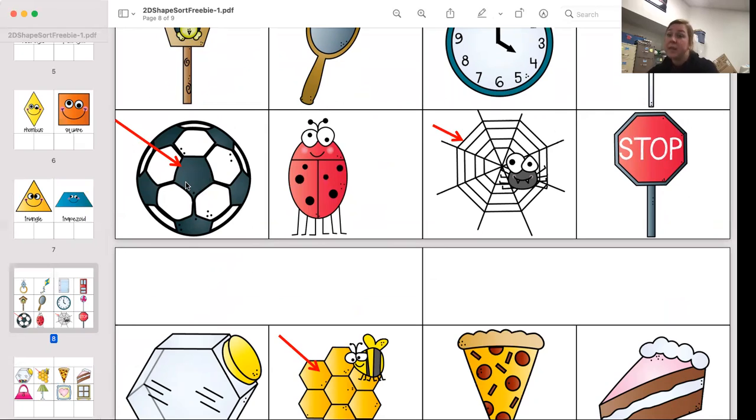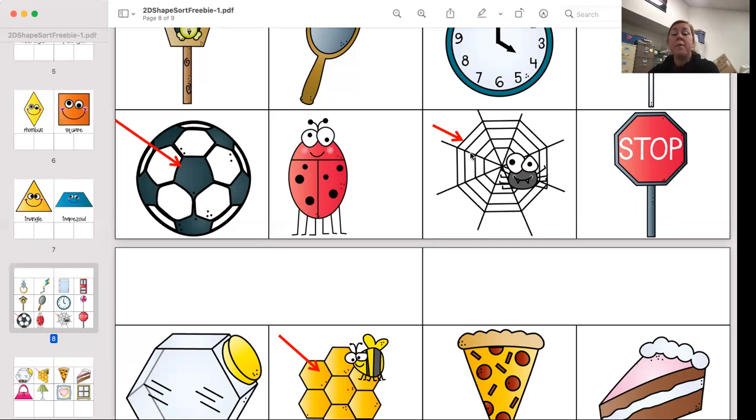So we'll just count the sides and then we can determine what it is. So we have 1, 2, 3, 4, 5. That's a pentagon. All right, and then we have this silly looking ladybug, and it kind of looks like a circle, but it's not, right? Because it's tall and skinny. So we know that it's an oval.